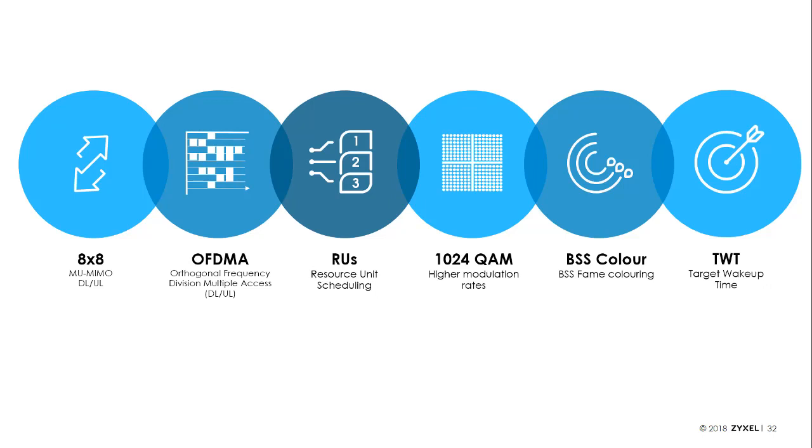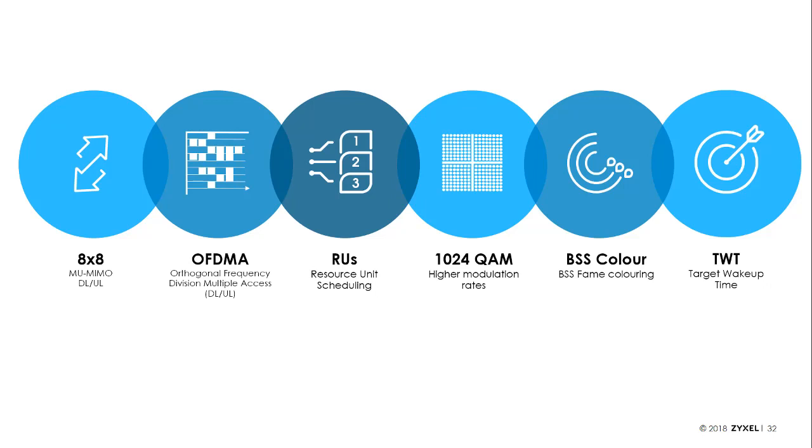So we have orthogonal frequency division multiple access, or OFDMA, which allows multiple users with varying bandwidth needs to be served simultaneously. Transmitting in smaller resource units, it also gives the ability to increase the range. But we must remember that 802.11ax focus is really about improving efficiency for density rather than coverage.